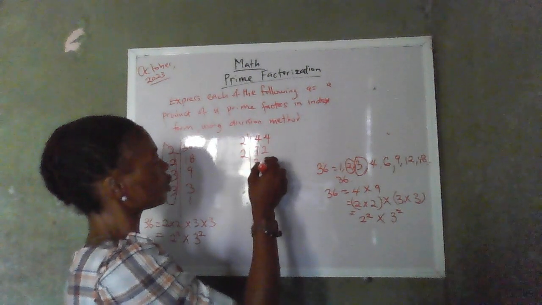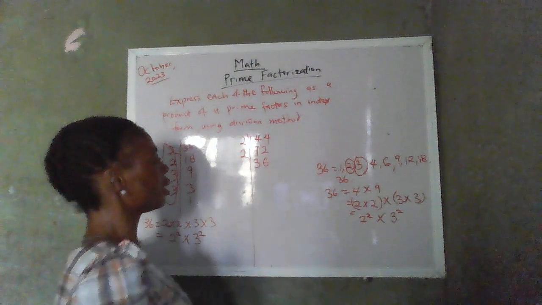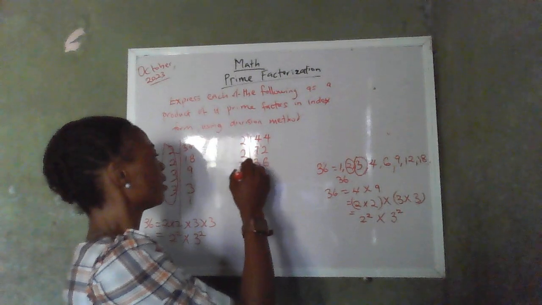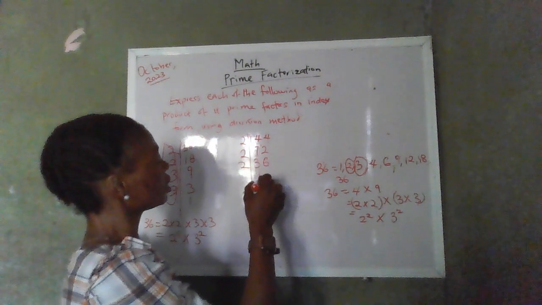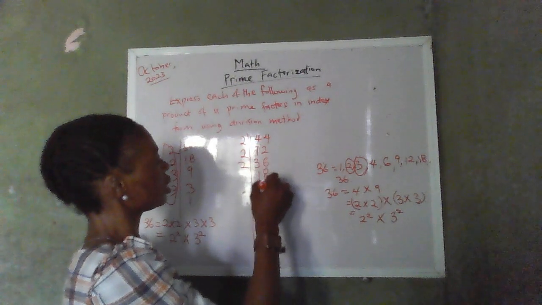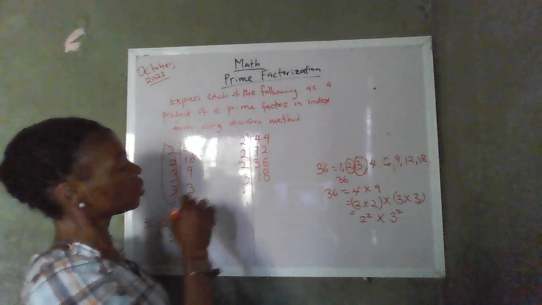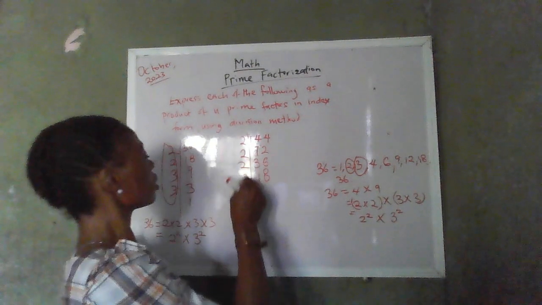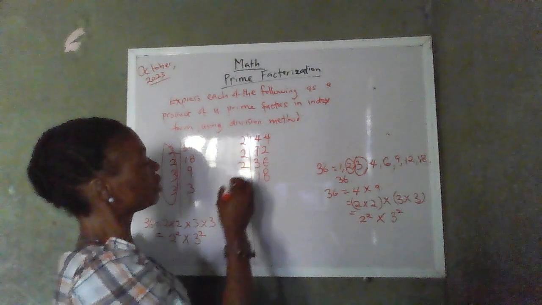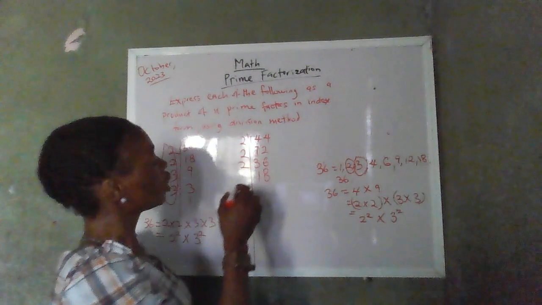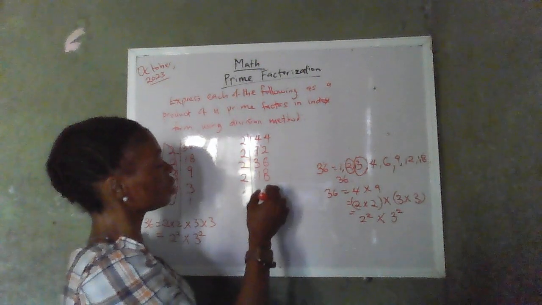Attached to this one, we have 12. 12 divided by 2, we have 6. 2 in 16, we have 8. 18 can still be divided by 2. 18 can be divided by 2, 9 times.